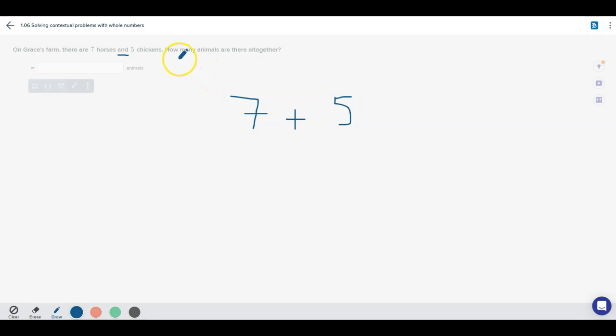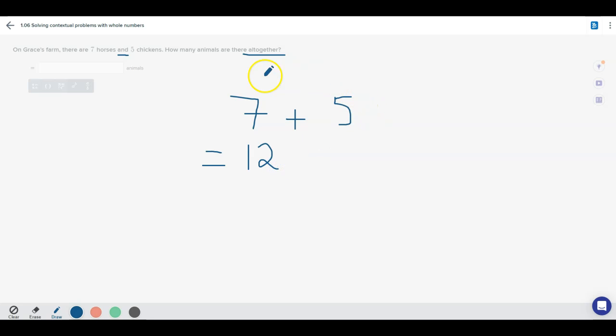We can also tell this because the second part of the worded question says how many animals are there all together. And again, all together often means addition. So we are now looking at an equation of 7 plus 5. And of course we can now work out what that equals, and that will be 12.